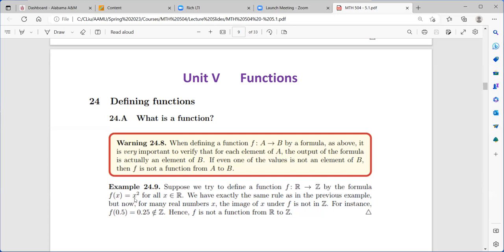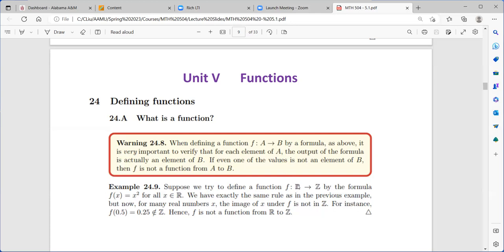So if you plug in a fractional decimal, you may get another fractional decimal, which is not an integer. So this is not a function from R to Z, although you do have this formula and you have the domain.